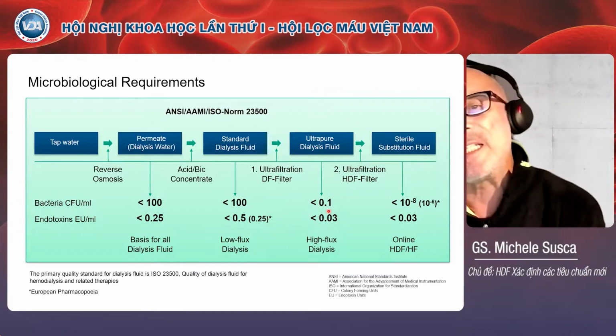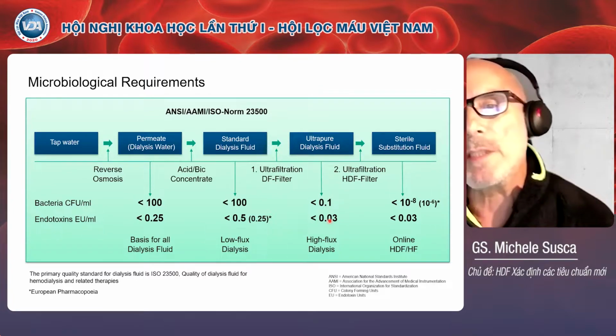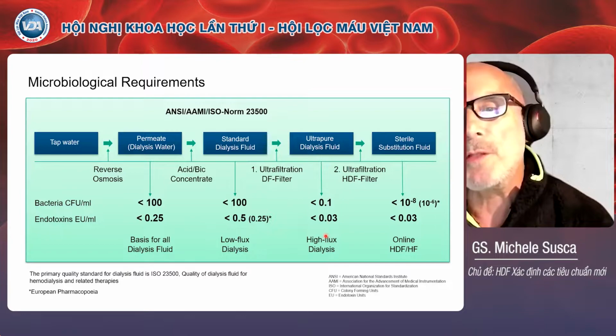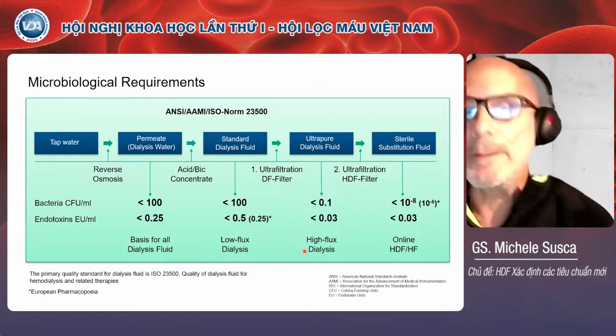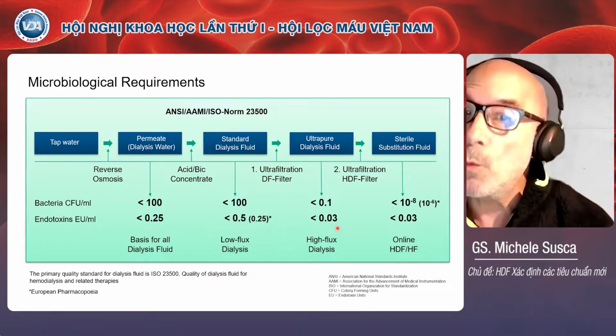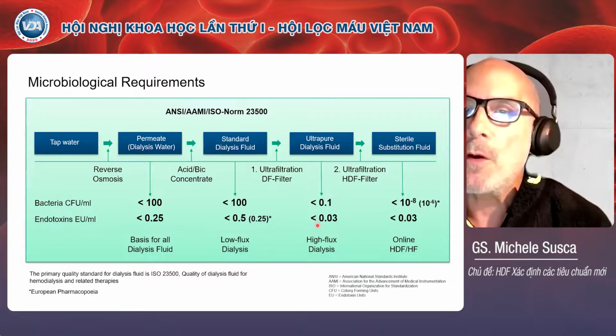You see, extremely low concentrations. We can use this ultra-pure dialysis fluid for high flux dialysis, or we can also use it for HDF. Just to be sure, this quality would already be good enough for HDF.